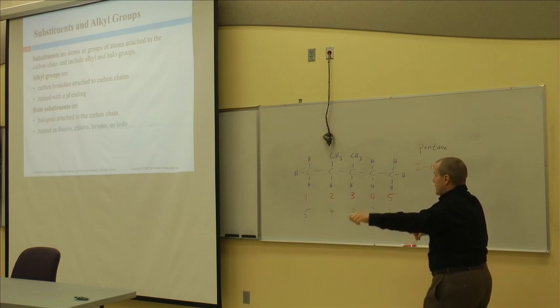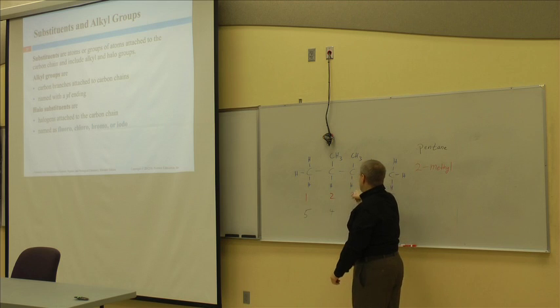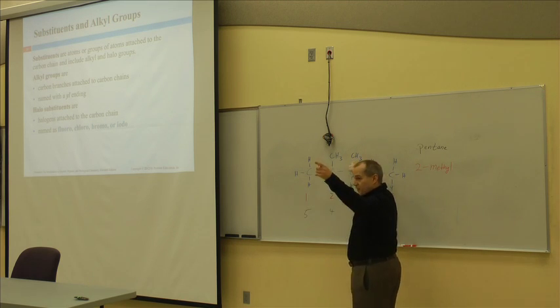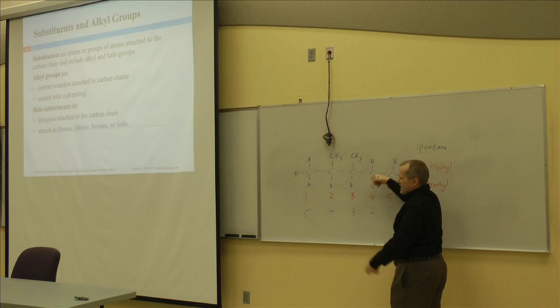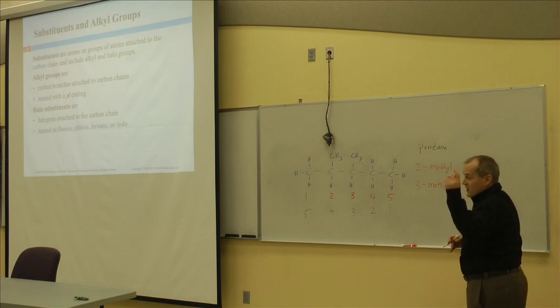Here, at carbon number 3, CH3, we have another methyl. There's 2 of them. That's complicated. 3-methyl. Carbon 4, just hydrogen. Nothing serious. Carbon 5, hydrogen. Nothing serious, right?